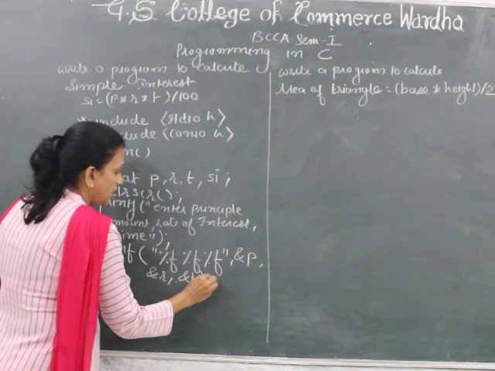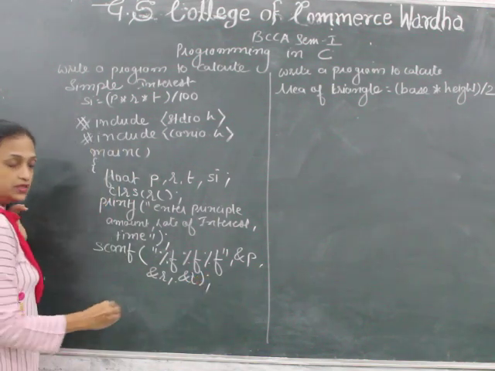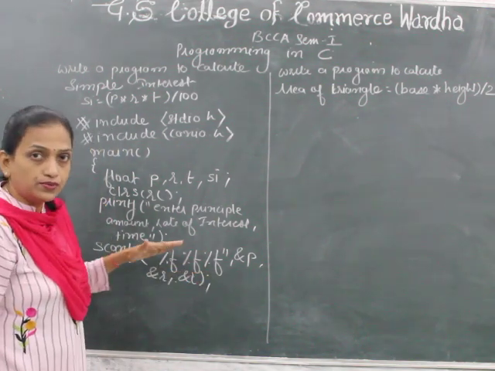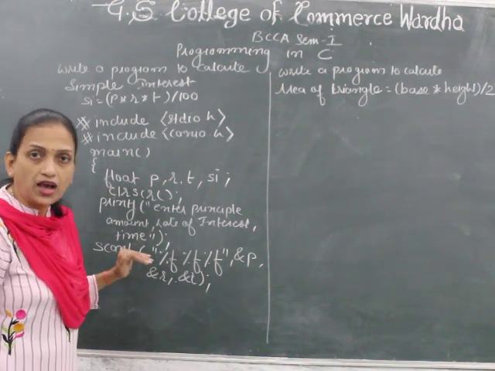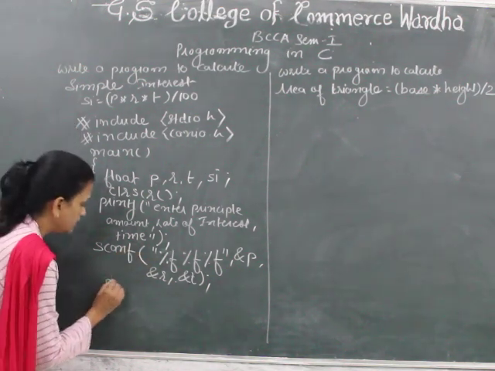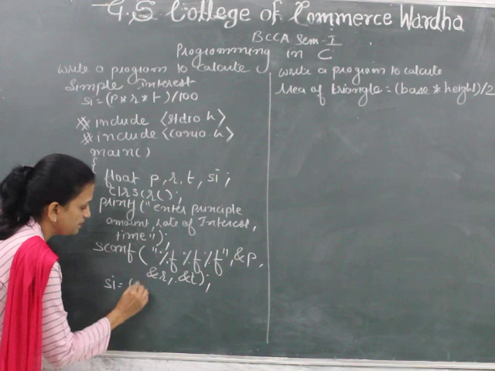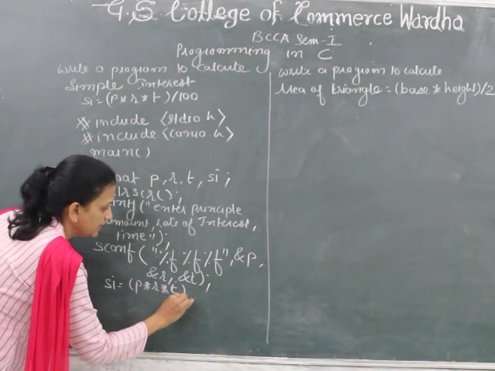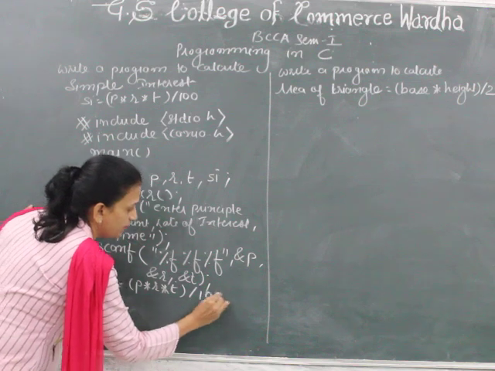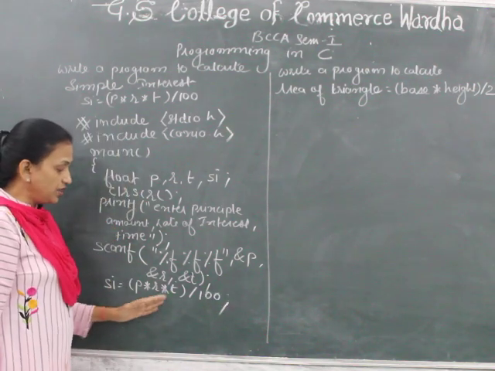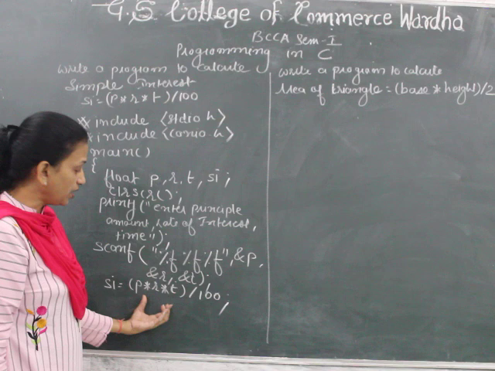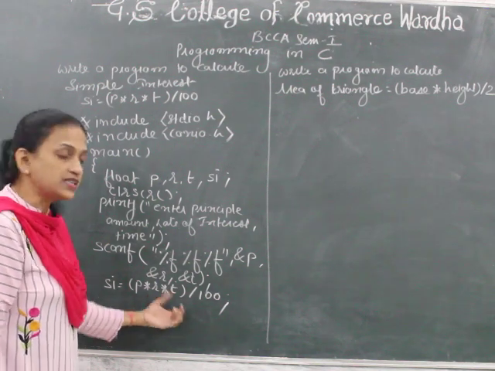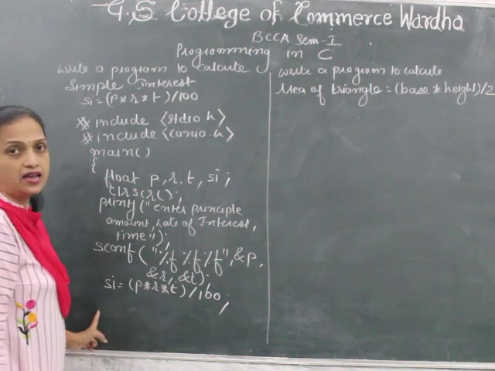Once you input the values, there is a need to do the processing, that is P into R into T divided by 100. Here we apply the formula, and whatever the output comes will be stored in the SI variable.